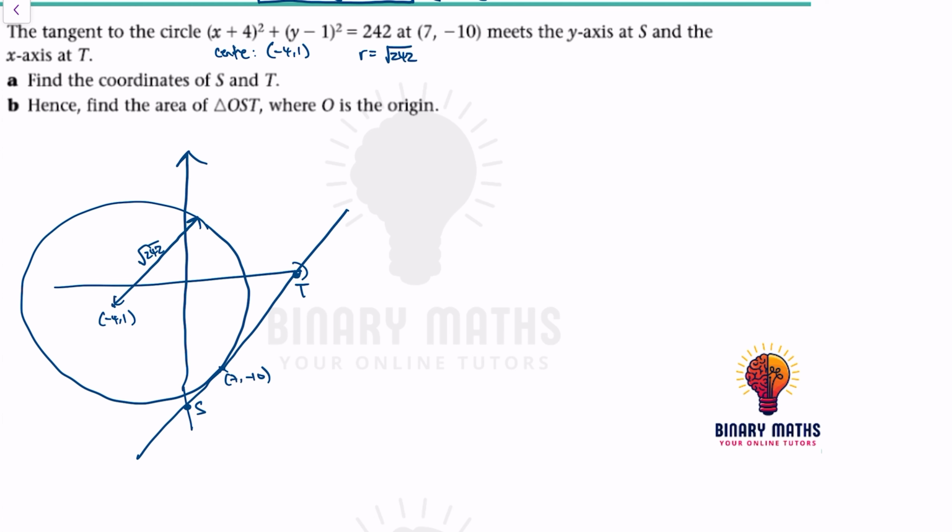So the first thing I would work out is the gradient of the radius, from here to here.